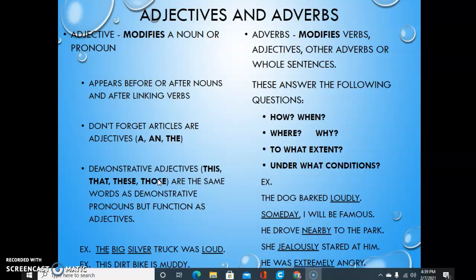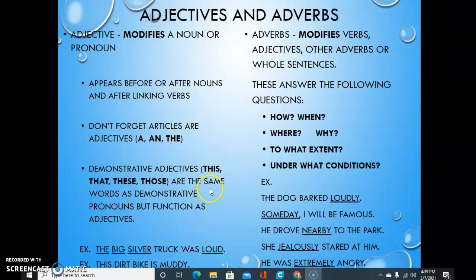So something like this is my teacher would be a demonstrative pronoun, whereas this teacher is Mr. Weaver. This would now be modifying teacher. So again, same four words, but they're used differently.